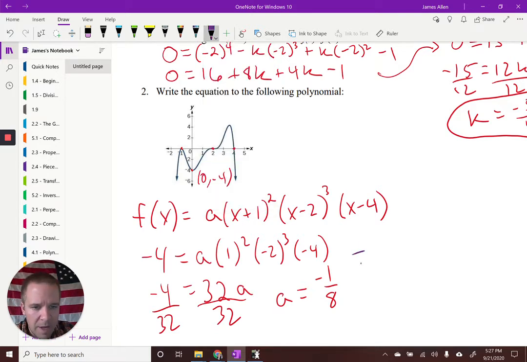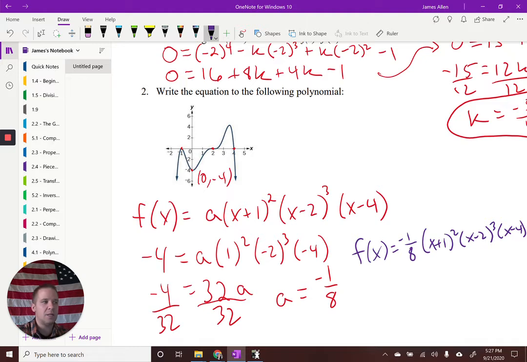I'd have f of x equals negative 1/8. See how the negative worked its way out there, which makes sense for this function. And then I have x plus 1 squared, x minus 2 cubed, x minus 4. There is my wonderful, beautiful function there.